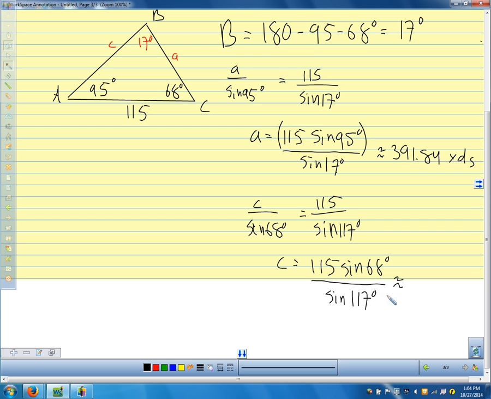Plug that in my calculator, and I get C is about 364.69 yards. Would it be sine 17, not 117? I don't know why I keep writing 117 there. Yes, you're right. That would be an impossible triangle, wouldn't it?